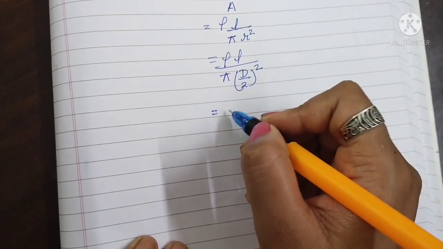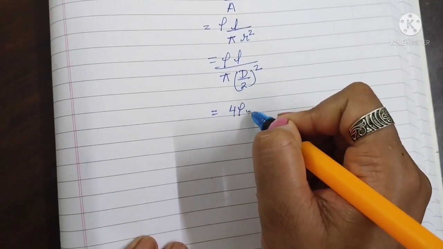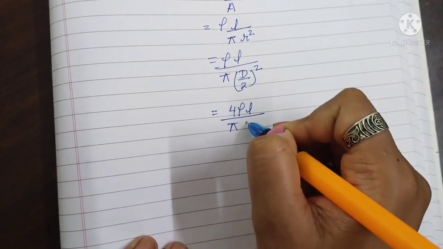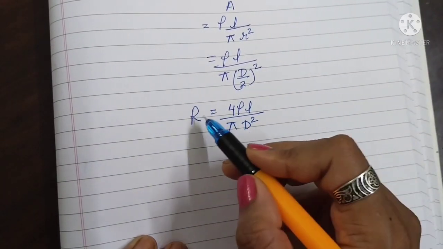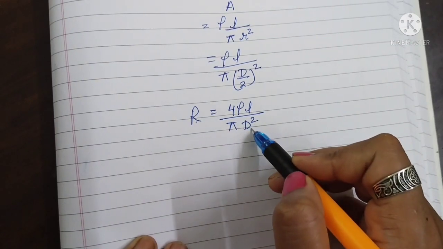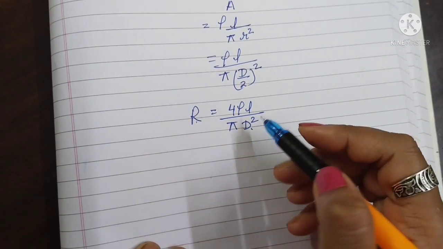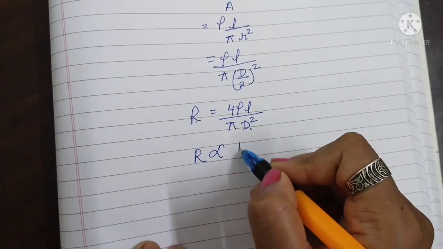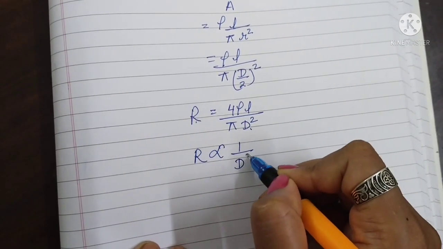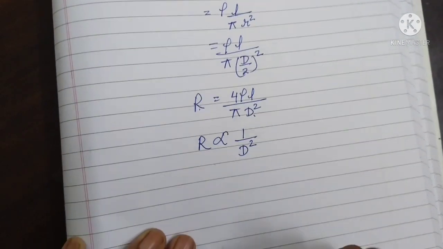This is equal to 4 rho L by pi d square. This is our resistance. That R is inversely proportional to the square of the diameter. So R will be inversely proportional to the square of the diameter.